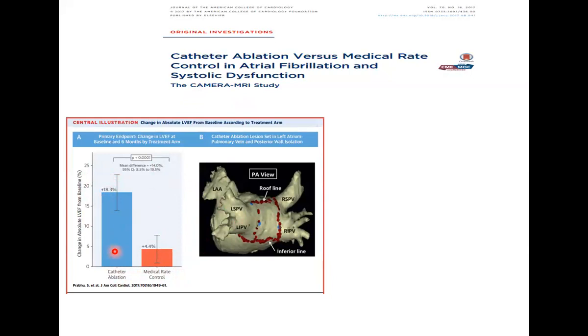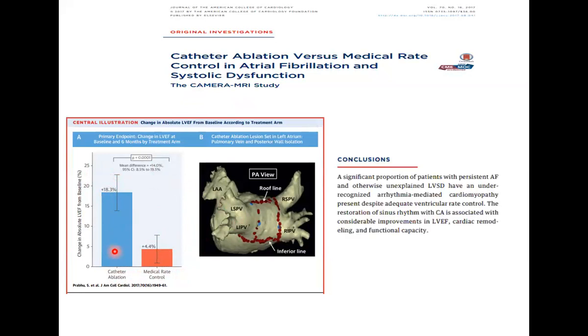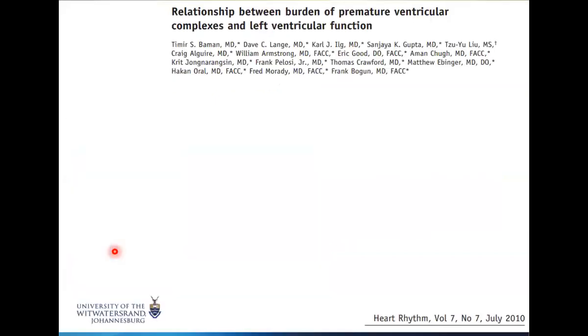What the authors concluded was that restoration of sinus rhythm with catheter ablation is associated with considerable improvements of the left ventricular ejection fraction, cardiac remodeling, and functional capacity.